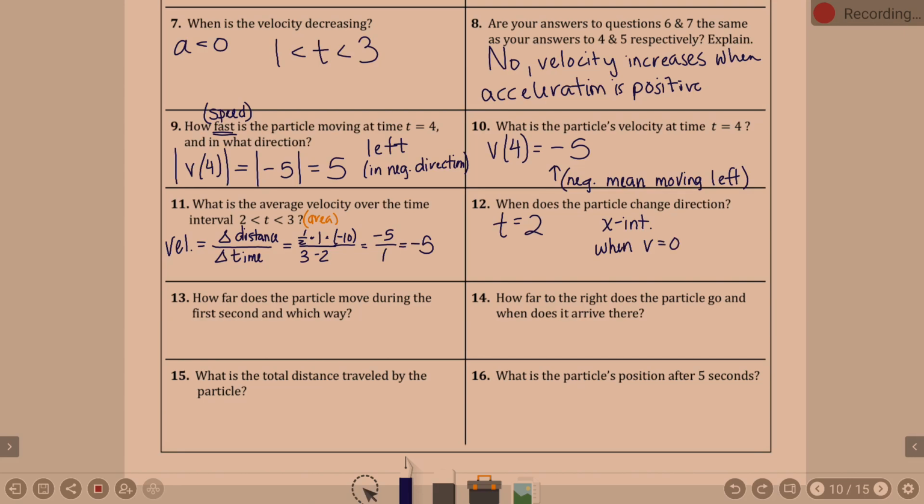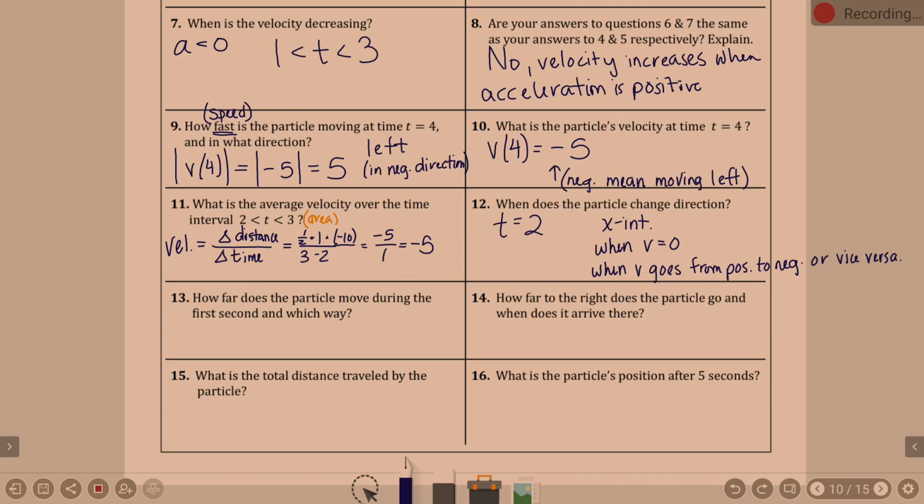Just be careful there, because if it's at the beginning or the end of a velocity equaling 0, it's the beginning or the end. Or we could talk about when velocity goes from positive to negative or vice versa, right? That's when you're going to have a particle change direction.